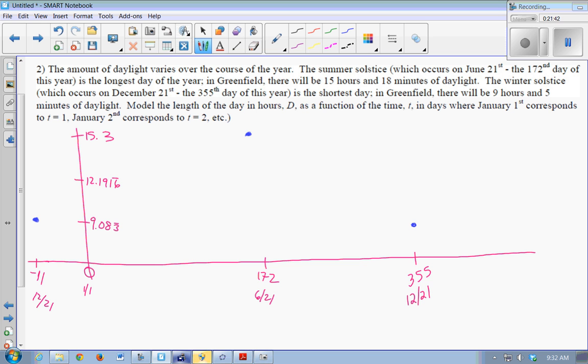I'm going to draw in my midline here. Halfway between a low and a high, it hits a midpoint, but I need to know the x value halfway between -11 and 172. How do I figure out what number is exactly halfway between those two? Yeah, just take the average.